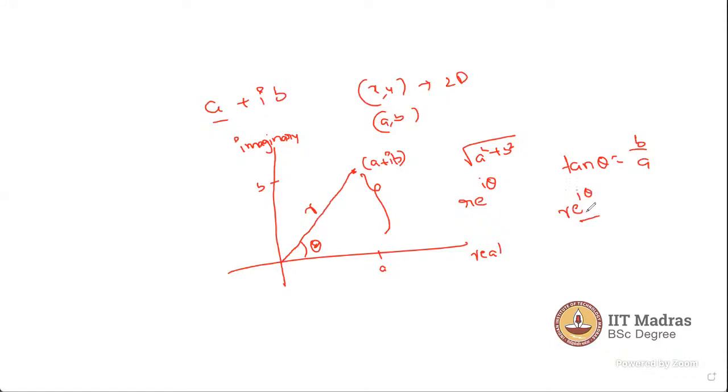This theta is the angle which the complex number makes when we draw a line from the origin to the complex number. And the other one is the conjugate, which you were talking about. The general idea of conjugate is when we multiply a complex number with another number, it will result in a real number.